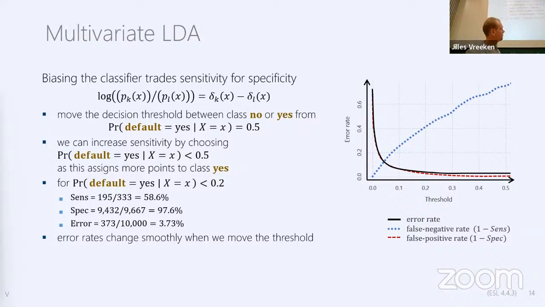It's not so exciting. I can plot the error rate. And of course, it becomes extremely bad at one moment. I can also plot the false negative rate, so then it's not error rate anymore, but okay. So how many points do I falsely say are a no, even though they're a yes.